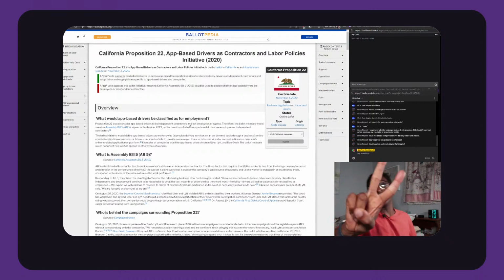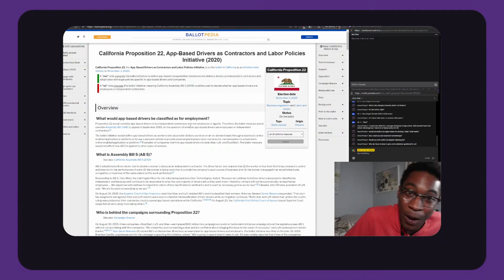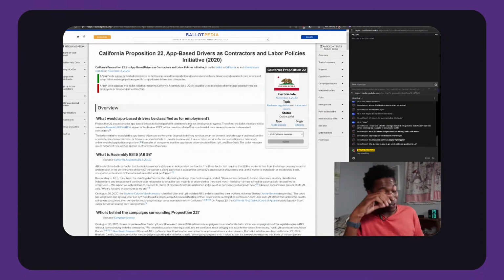Proposition 22. Oh my God. This has been one of the most hilarious, shameless, ridiculous. I need a drink. Proposition 22 is some ho shit. Proposition 22 has shown the true colors of Uber and Lyft and Instacart and all these tech giants who are profiting so well off of the status quo.